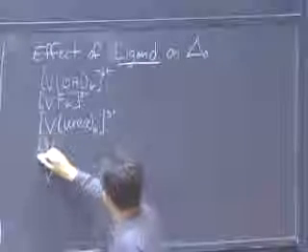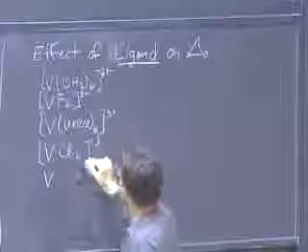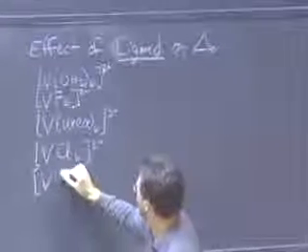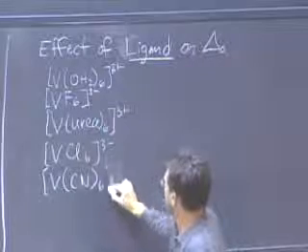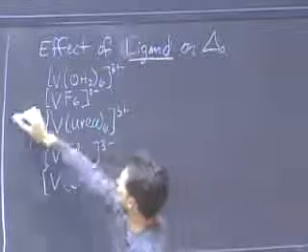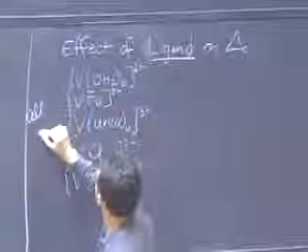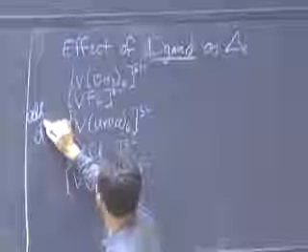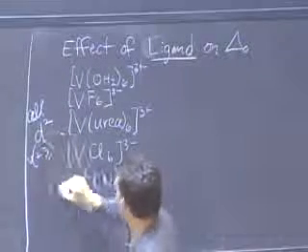Then we have vanadium hexachloride 3-, and the 5th one is vanadium with 6 cyanide ligands, 3-. These are all D2 systems with vanadium in the +3 oxidation state.